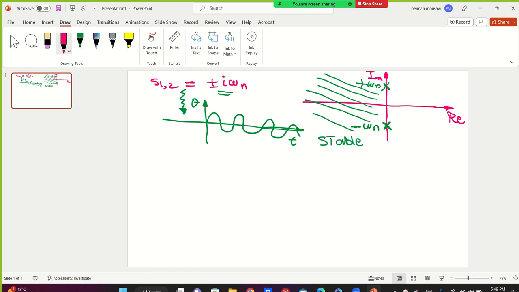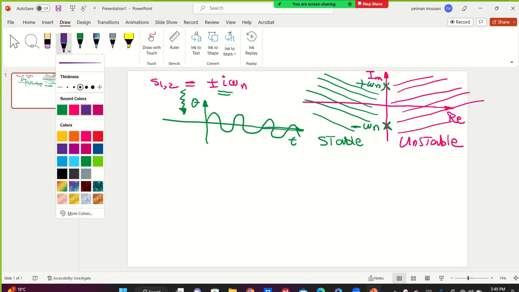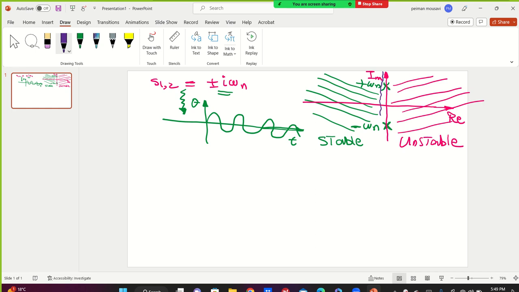Whatever is located at the right side of the imaginary axis means your system by itself is unstable. Whatever happens on the imaginary axis, as in the case we have, means it's on the border of stability and instability.